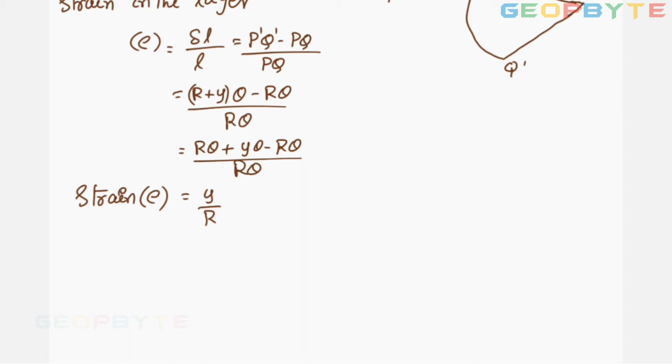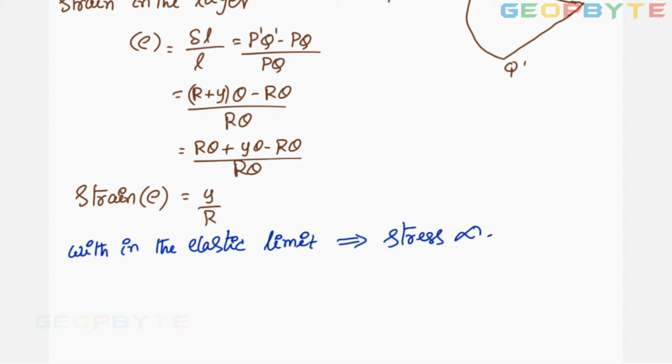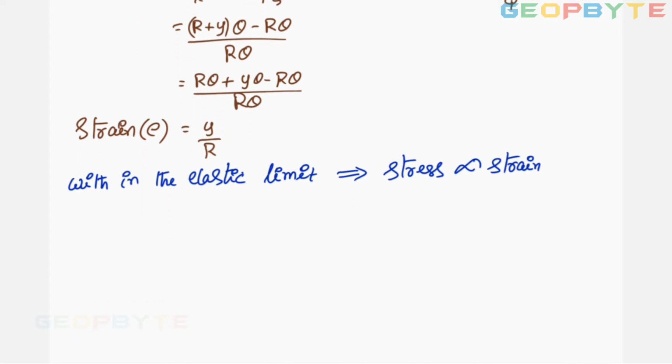Since the bending of the beam is within the elastic limit, stress is directly proportional to strain, or stress by strain equals constant.